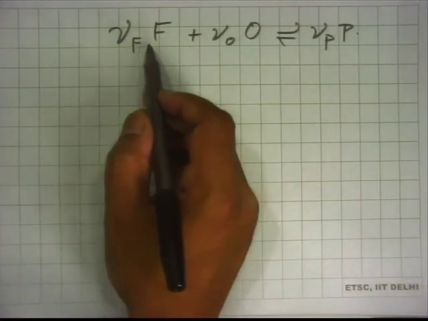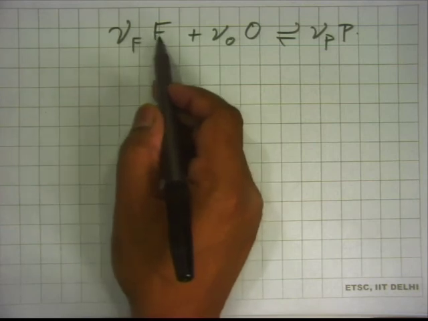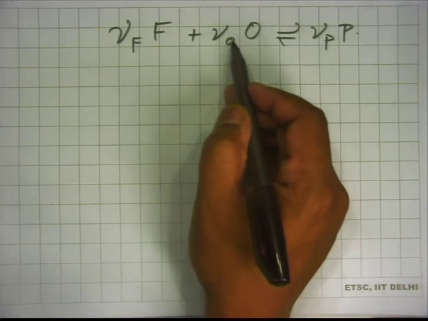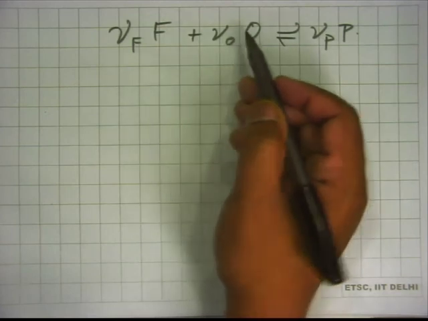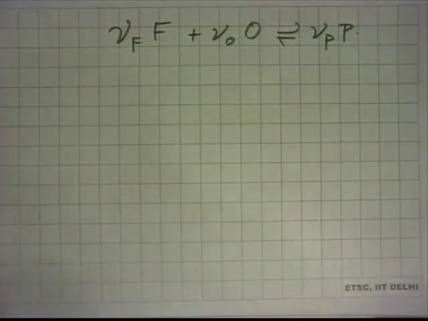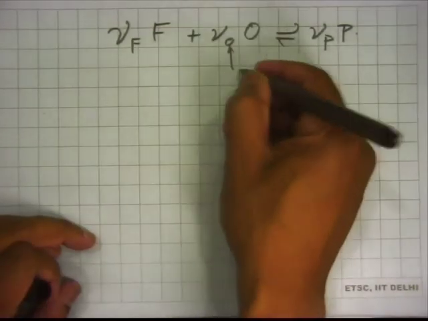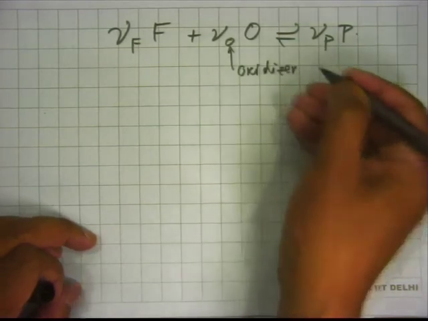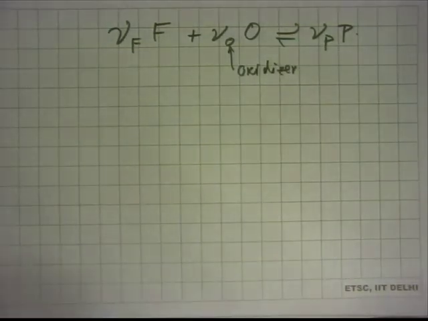So nu f times fuel, and nu o, where O is for oxidizer now, not for oxygen. We were using OX for oxidizer. Now I am making this O as oxidizer, and P for product, not PR.